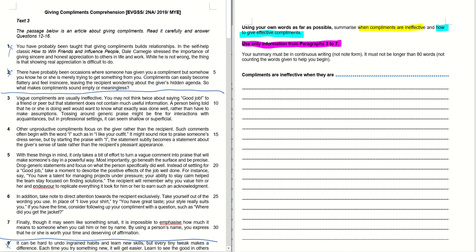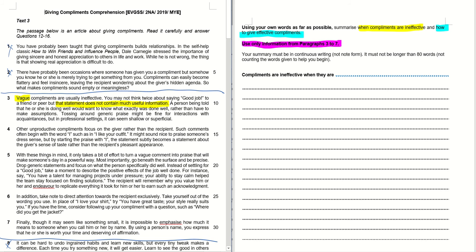So compliments are ineffective when they are vague. You may not think twice about saying good job to a friend or peer. That's an example. That statement does not contain much useful information. A person being told that he or she is doing well will want to know exactly what was done well rather than have to make assumptions.